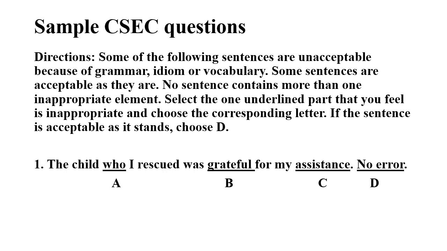So, number 1, the child who I rescued was grateful for my assistance. Either A, who, B, grateful, C, assistance, D, no error. Could it be that who is wrong, or grateful is wrong, or assistance is wrong?